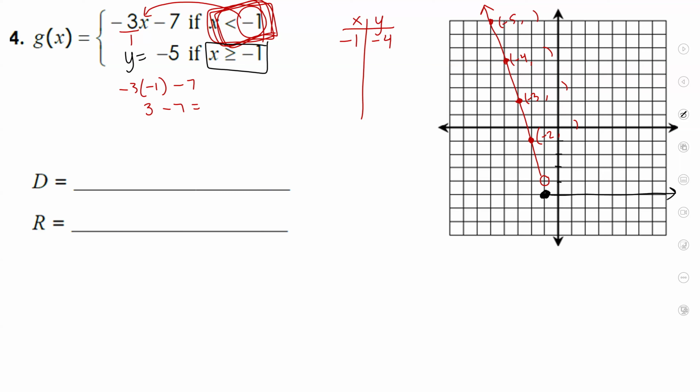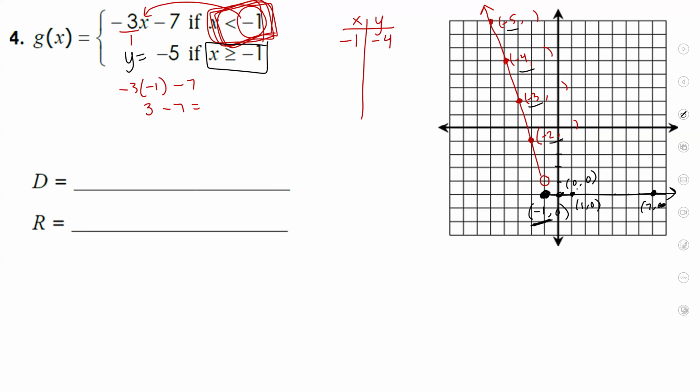This is the point -1, 0. This is the point 0, 0. This is the point 1, 0. And it just goes on forever. Do you guys see all the x values that are being represented in the graph? You have -5, -4, -3, -2, -1, 0.